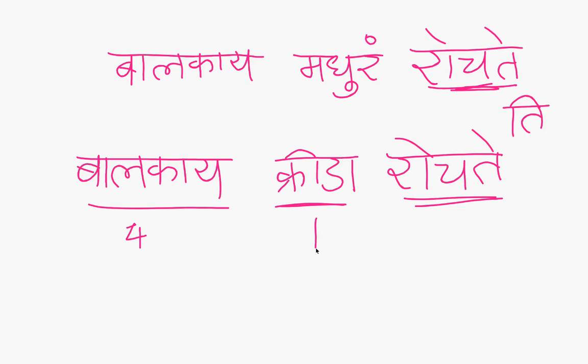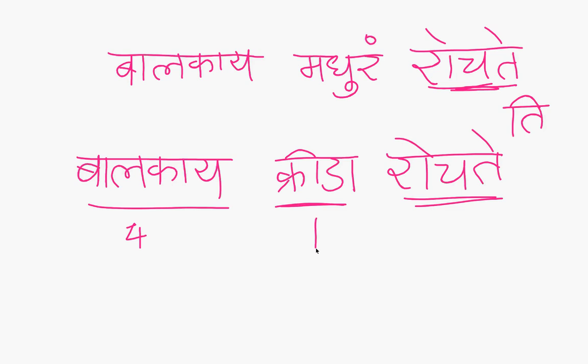So krida rochate is the main vakyam here, the main sentence. Rochate is the action, the verb. So what is performing the action? Krida. Kartrupadam has to perform the action.